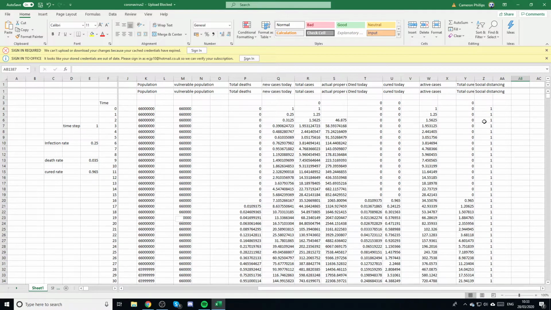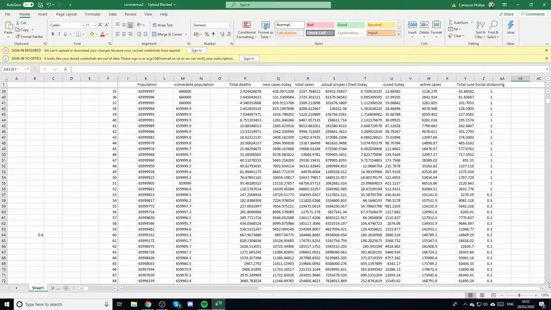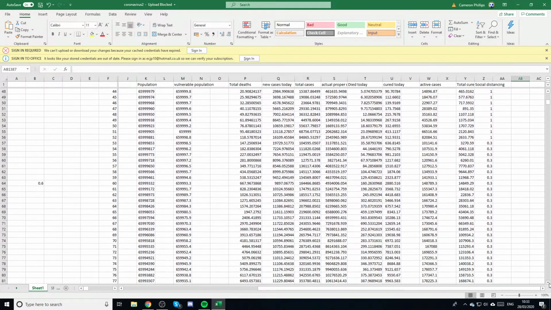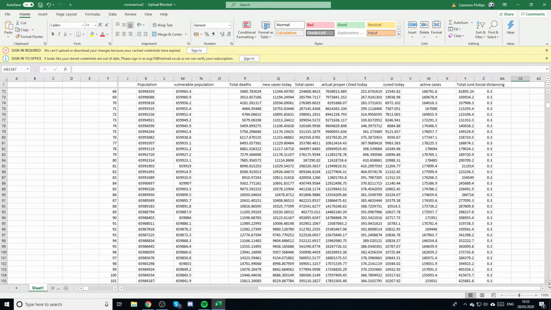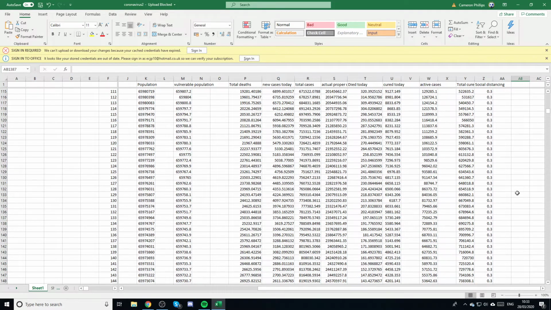It really does show the power of social distancing, though. This figure here, if we reduce it by a third, the died today rate just changes massively, as we've seen, and that's the number of people in hospitals taking up NHS beds and so forth.